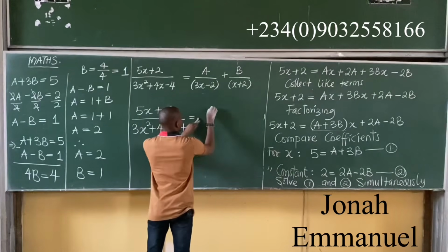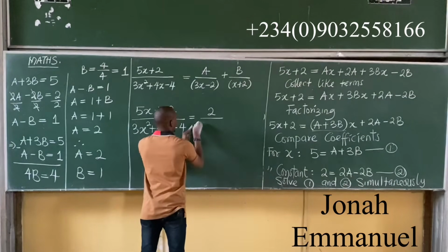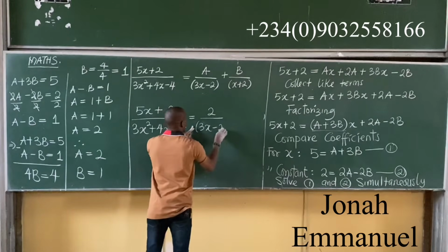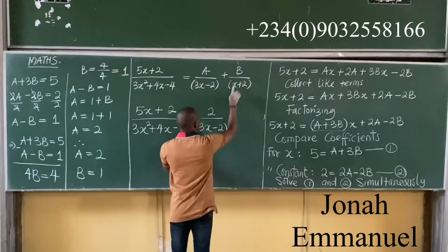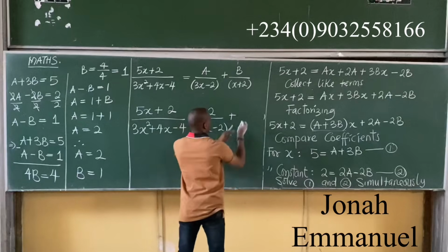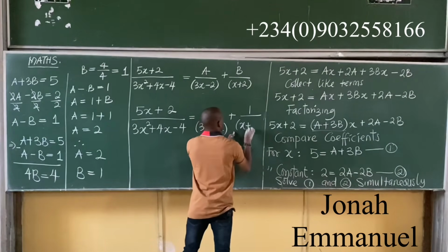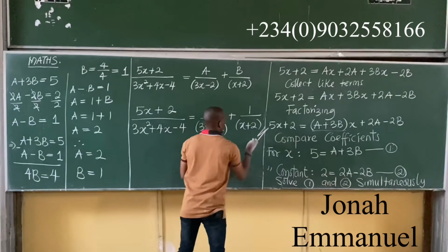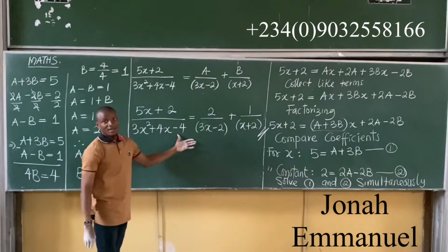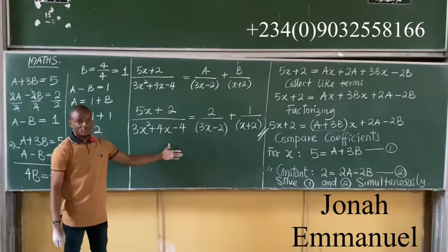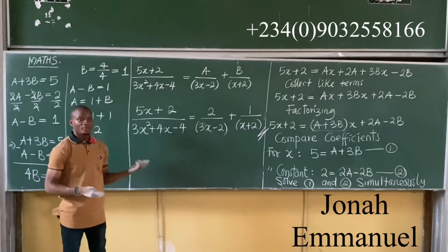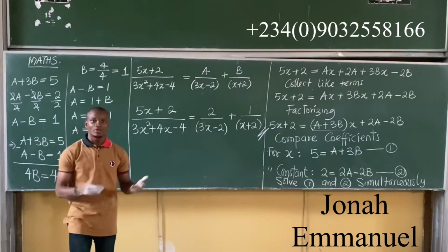So it becomes 2 all over 3x minus 2, plus b is 1. So 1 all over x plus 2. This now becomes the answer after resolving the partial fraction. So this is how you solve partial fraction using rule 1.